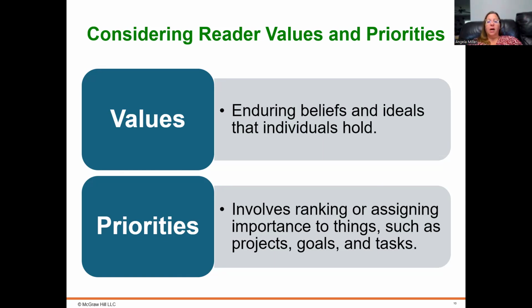That's what that means. The priorities really involves ranking and assigning importance to things. So, for example, projects, goals, and tasks would all be prioritized according to what your audience thinks is the most important versus the least important, and then you would accommodate accordingly.